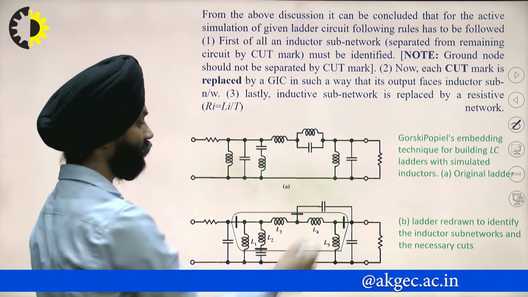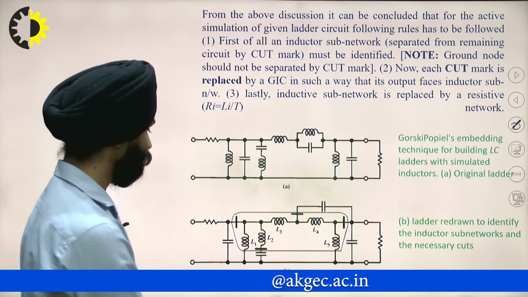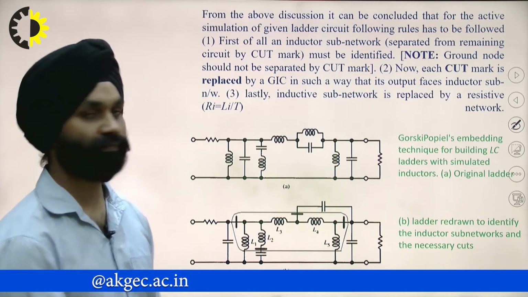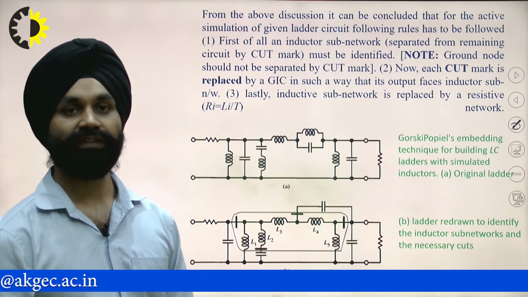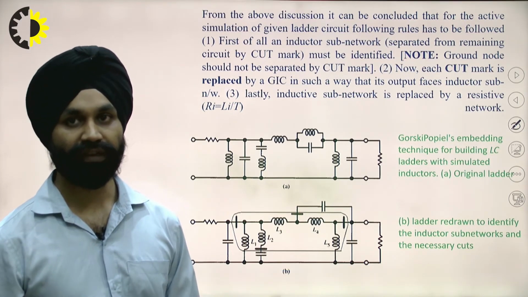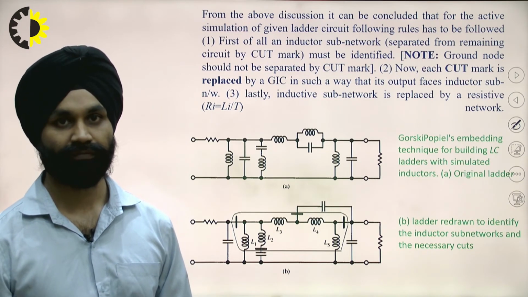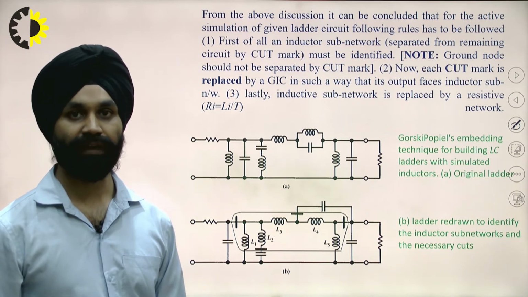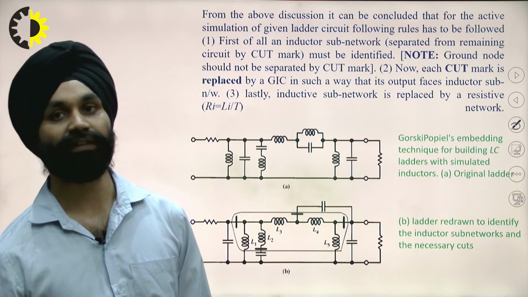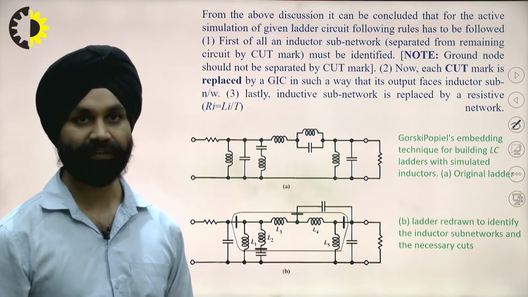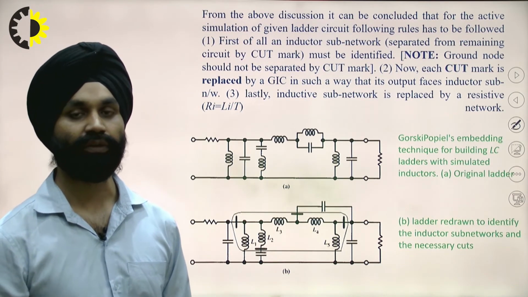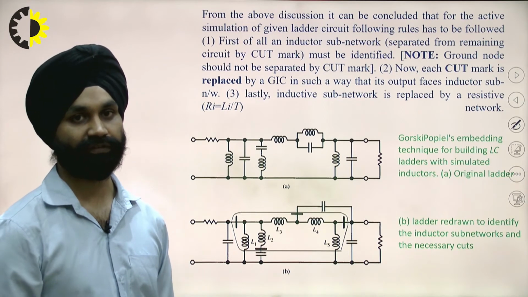Let's suppose for this network, if we have a ladder circuit, if we have a cut from this circuit by inductors, then each cut is to be replaced by GIC circuit in such a way that its output is facing the inductor subnetwork. Then lastly, the sub-inductive subnetwork is replaced by resistance as in the previous case. That resistance will be equal to L by T. Ith resistance will be equal to ith inductance by time constant.